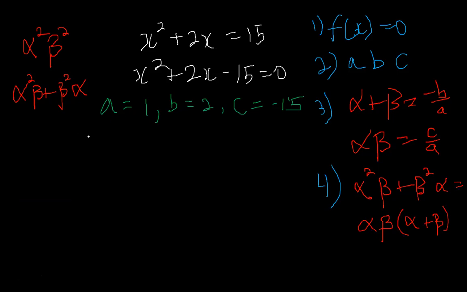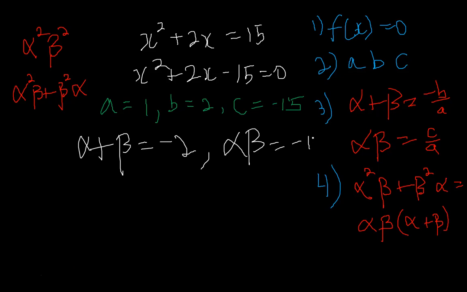Since we did this already, I'll just write it. Alpha plus beta we got was minus 2, and alpha beta was minus 15. Now we try and find alpha squared beta plus beta squared alpha, which is the same as alpha beta multiplied by alpha plus beta. What would I write in this case?